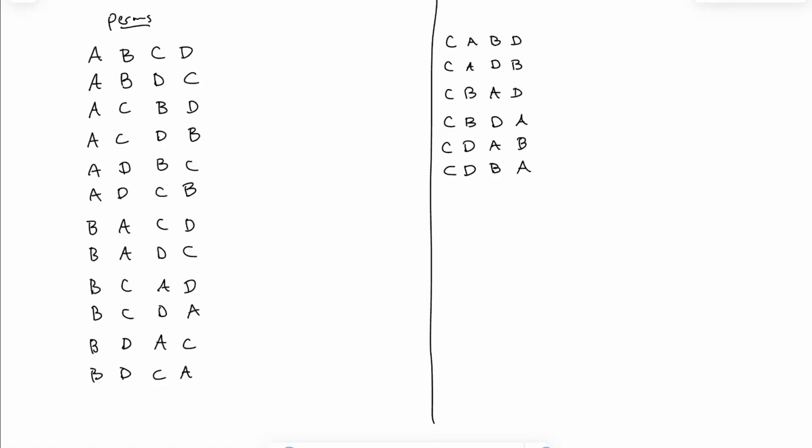And then finally, we have 6 different ones that start with D. They are D, A, B, C, D, A, C, B, D, B, A, C, D, B, C, A, D, C, A, B, D, C, B, A. There you go. Those are all the ones that start with D.